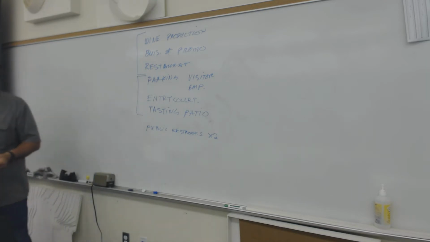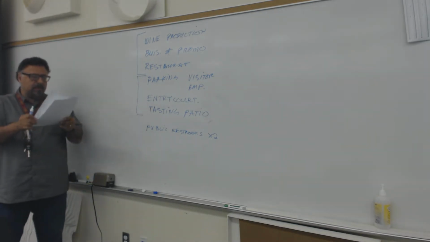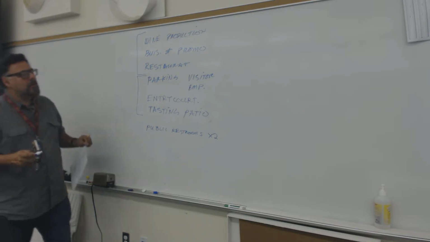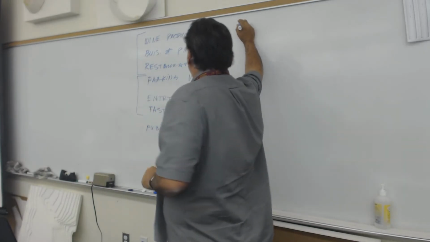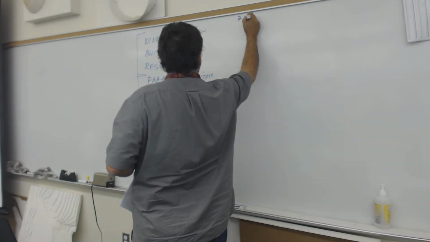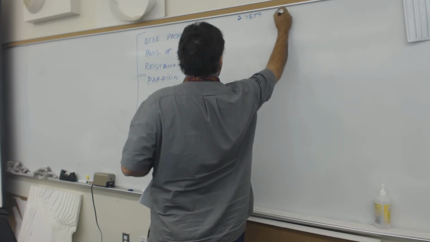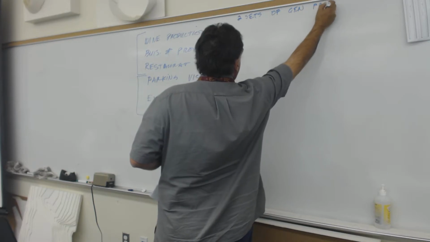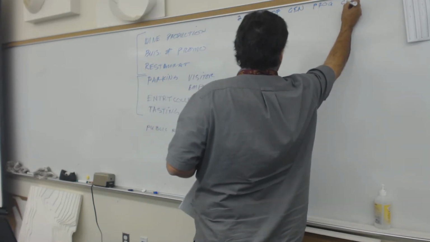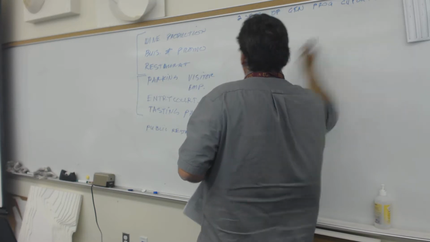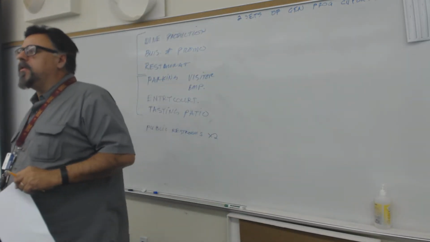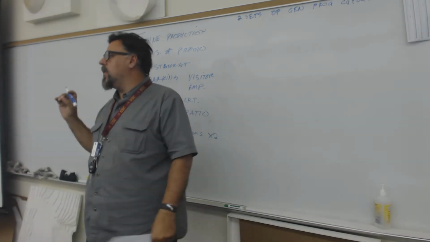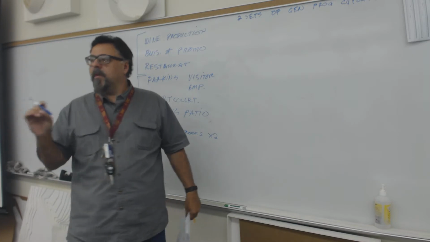Okay, so that's the general listing. If you look down through this, then we can break it down. What I need you guys to do right now is to produce two sets of general program cutouts. All right, and what I'm asking is that you do them initially as just simple squares for most of these.